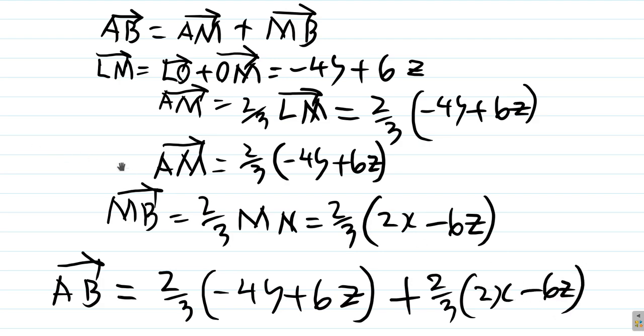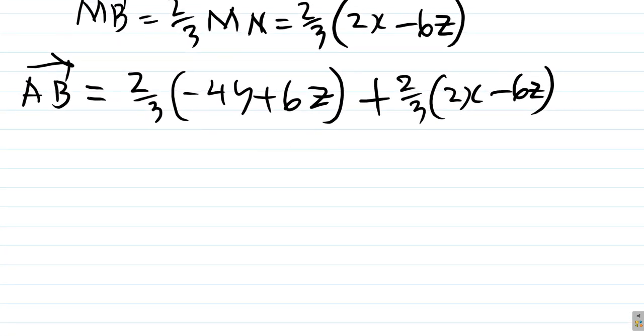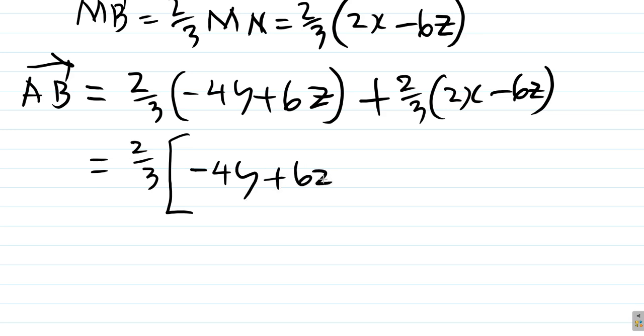All right? That's AB. We want to simplify it now. This is equal to, we could factor out 2/3 outside the bracket, and inside the bracket you have negative 4y plus 6z plus 2x minus 6z.